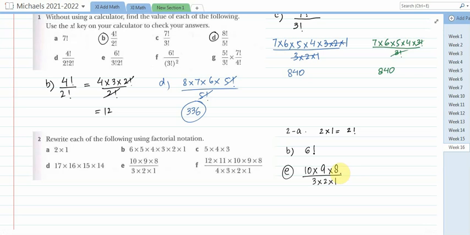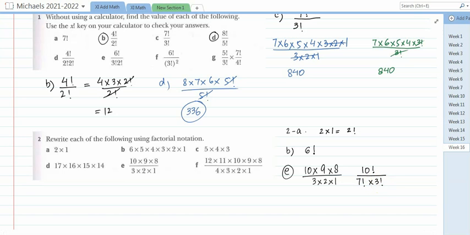If you observe, the missing part is 7 factorial, because from 7 to 1 all the numbers are missing. So I can say that it can be written in this form: 10 factorial divided by 7 factorial times 3 factorial.